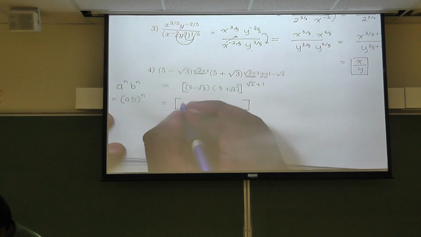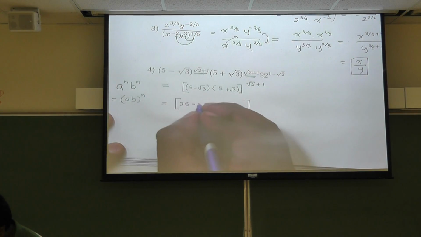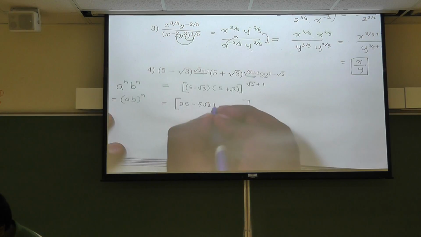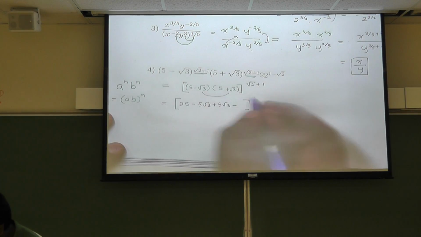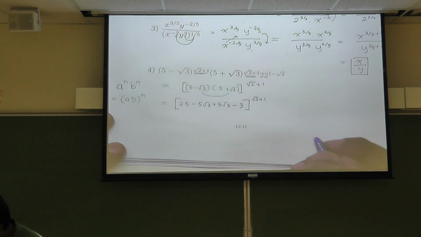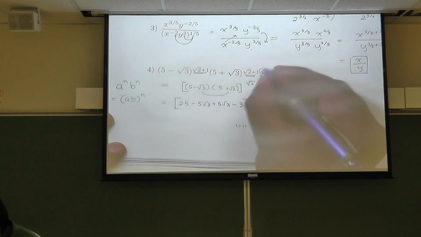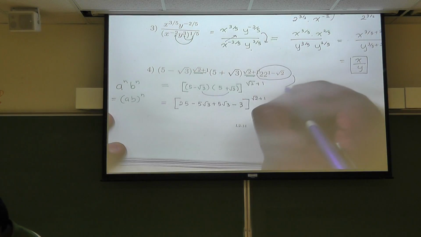So 25 minus 5 root 3 plus 5 root 3 minus root 3 times root 3 is 3. And also keep track of the exponent. And also there was something else here. You have to bring it forward.